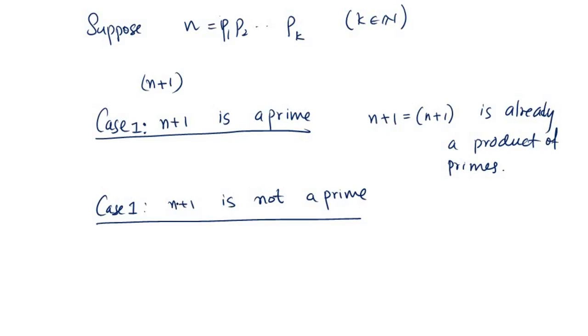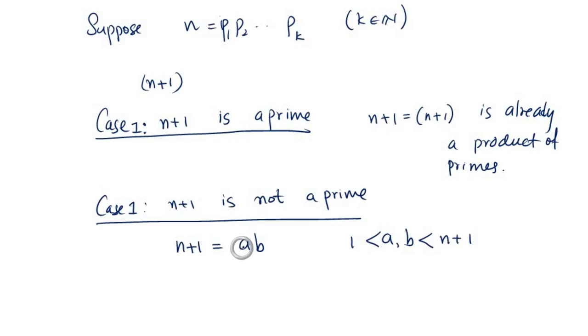If n plus 1 is not a prime, then it must be the product of two integers a, b, with the property that a and b are greater than 1 and less than n plus 1, because n plus 1 will now have a divisor which is different from 1 and itself.